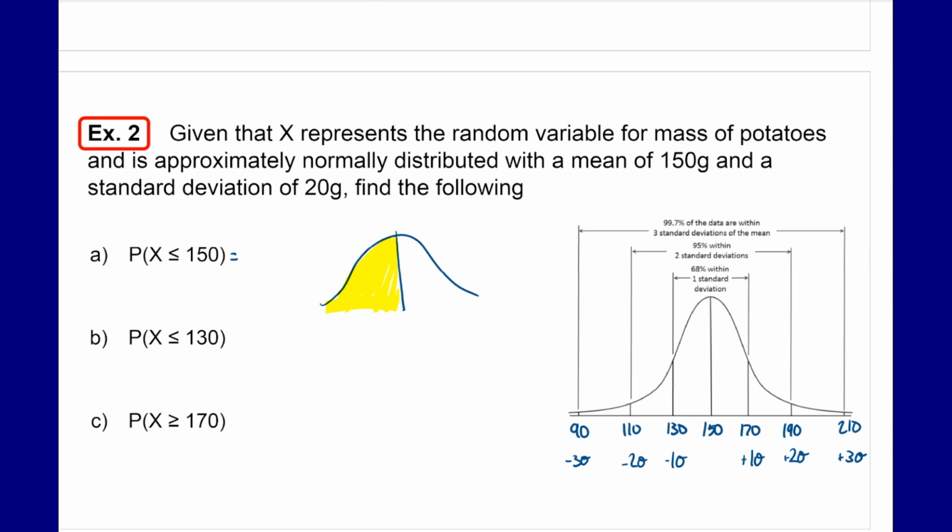So that means that is dividing our data directly in half. So that means there is 50% that will be less than that value. Because we said before that in a normal distribution, the mean and the median are the exact same. So 50% of the data will be less than 150.